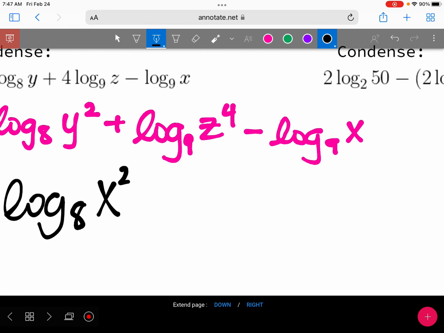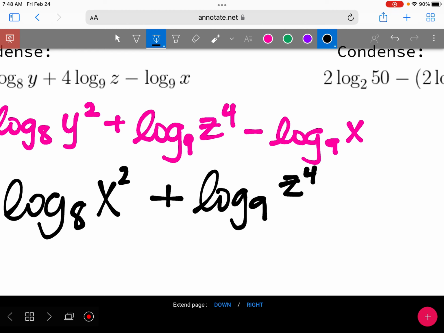All right, and then what do we do? Do we have multiplication, or subtraction, or division between these two? Division, because it's a subtraction sign. So we can add on log base 9. And what do we have on top? Z to the 4th.